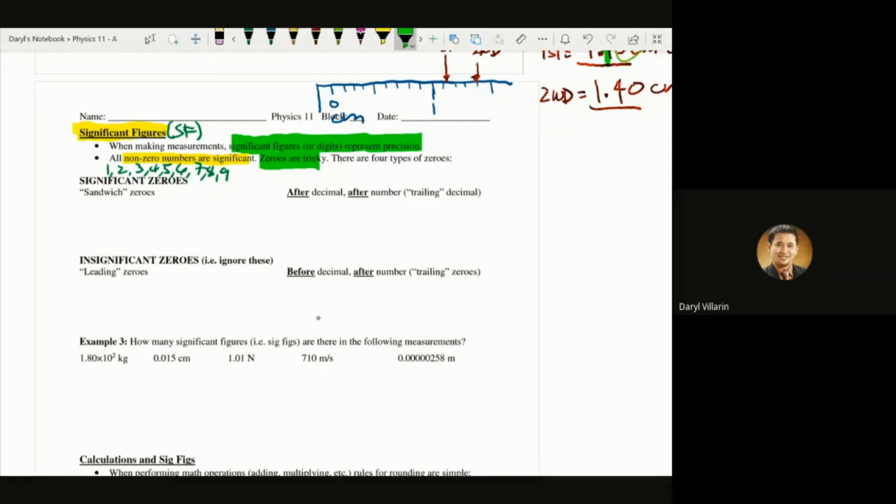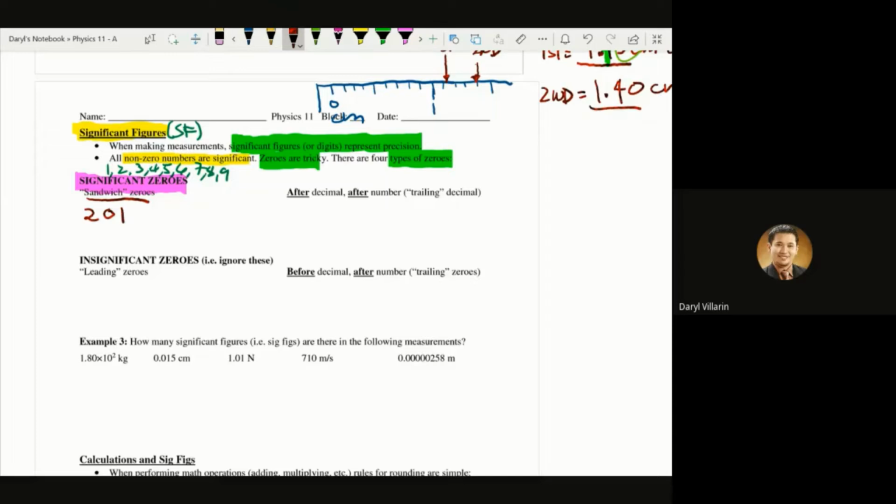So there are four types of zeros, okay? One is the significant zero. Not all zeros are insignificant. This particular zero we call sandwich zeros. So let's say 2, 0, 1. It is sandwiched between two non-zero numbers.